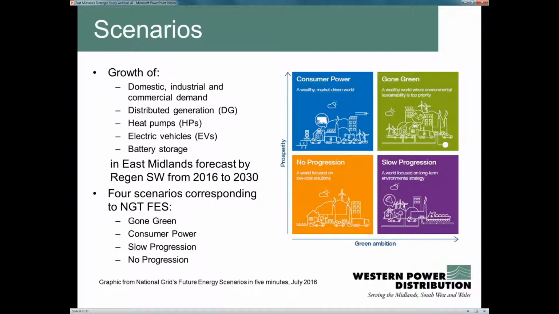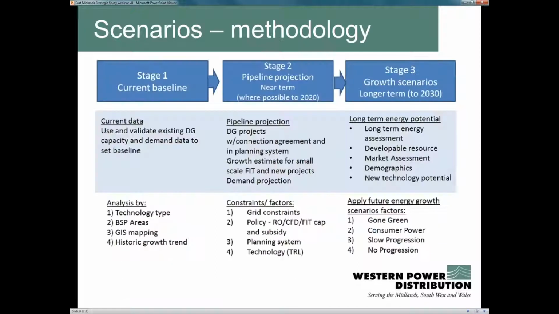It is the only credible solution that allows the UK to achieve a climate change target within 2%, which is the only legal solution across these. But of course, we're using these 4 scenarios to drive a range of investment options and understand how those different trajectories of development will impact upon our network. This forecasting work has been completed by Regen, who are our partners in this piece of research.